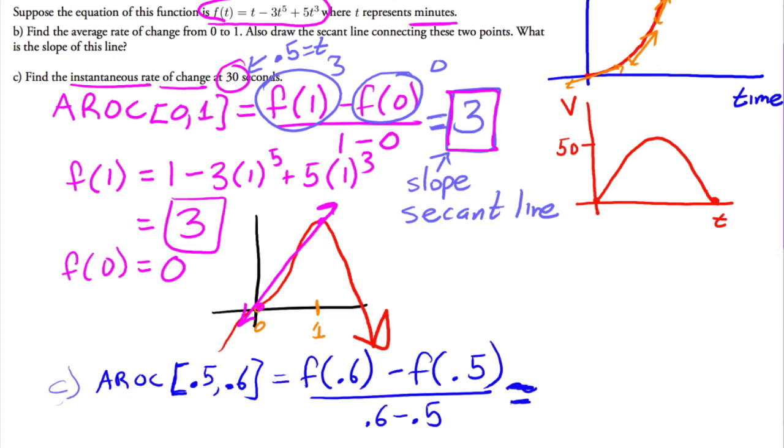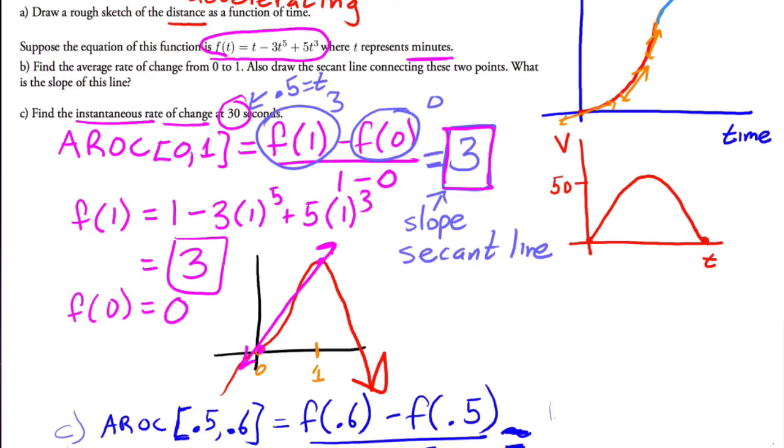And so if I plug in 0.6, I get 1.44672 minus 1.03125 over 0.1. And this is going to equal 4.15. So this is about 4.15, the instantaneous rate of change at 0.5.